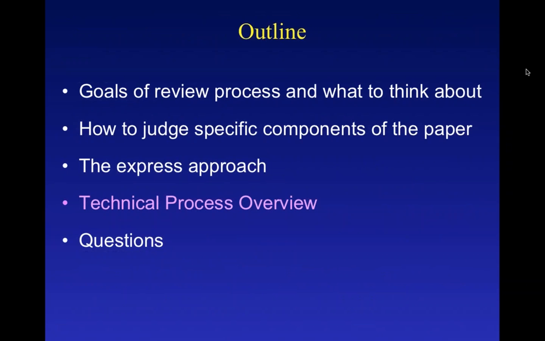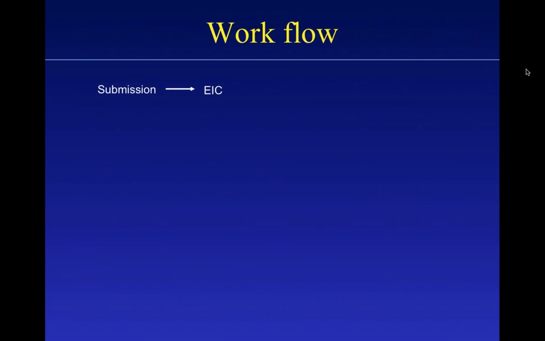Okay, now I want to do a technical process overview just to give you a better sense of how the articles in CJC are handled. So any submission first comes to me, and then I take a look at it and see whether it's adequately formatted.